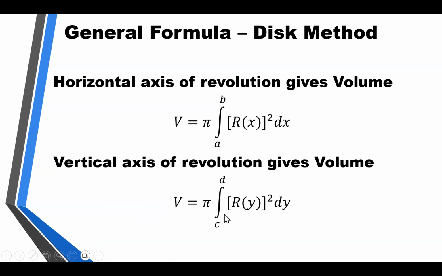And then the height part is taken up by the integration with respect to y. In this case, the width part will be taken up by the integration with respect to x. But these are the two formulas we're going to use for the disk method, and we're going to use those over and over again.